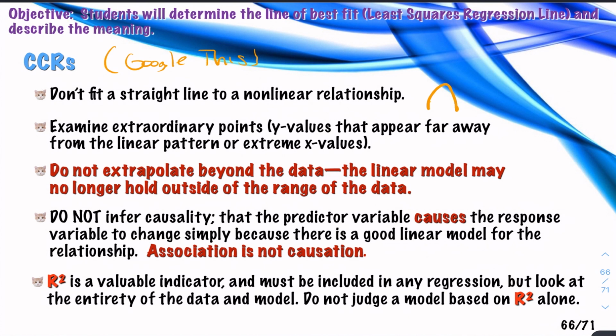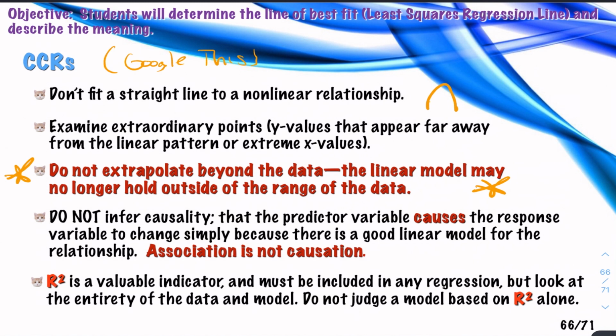If you see extraordinary points, so that means y values that appear far away from the linear pattern, look at those. Remember what we've done before with outliers. We first report out, and then we take it out of the data set, and then we do an analysis again.